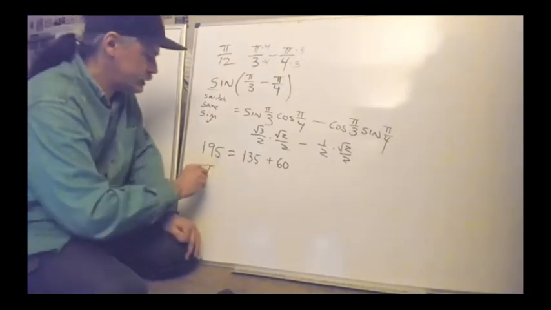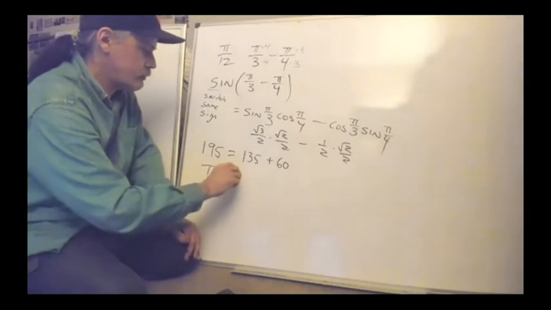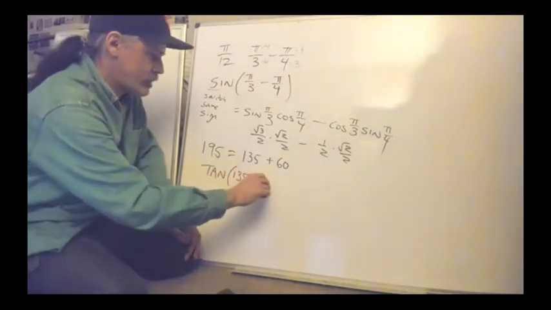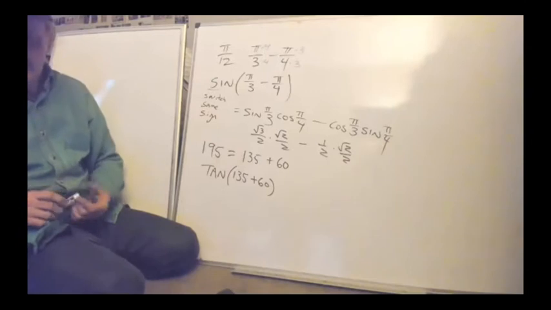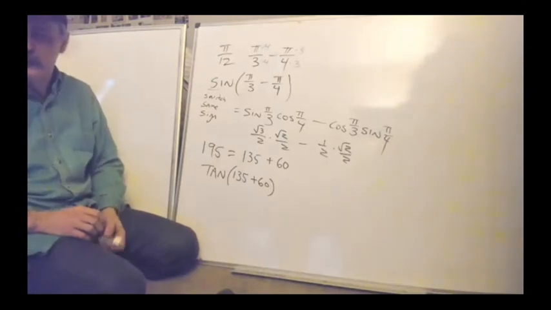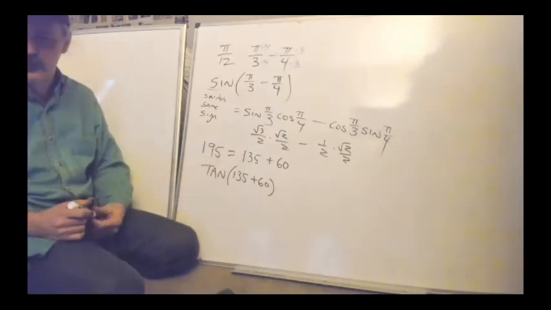So then if we did the tangent, we'll be able to construct an exact value for the tangent of 195.